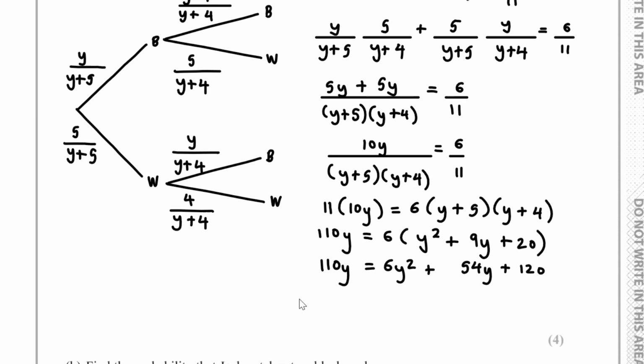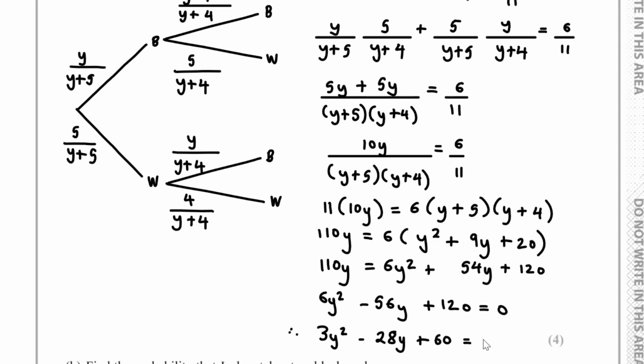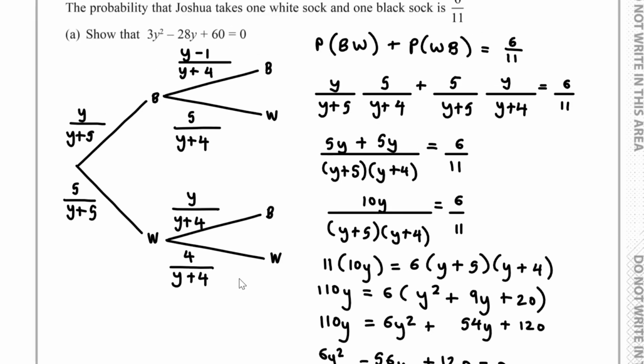And if I take everything over to one side, we get 6y squared minus 56y plus 120 equals 0. And if I divide through by 2, we get 3y squared minus 28y plus 60 equals 0. And that's exactly what we wanted to show.